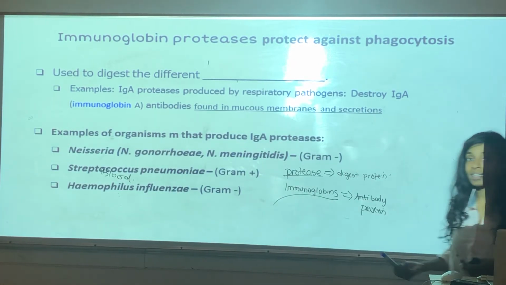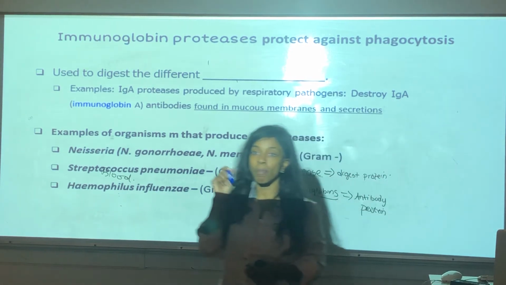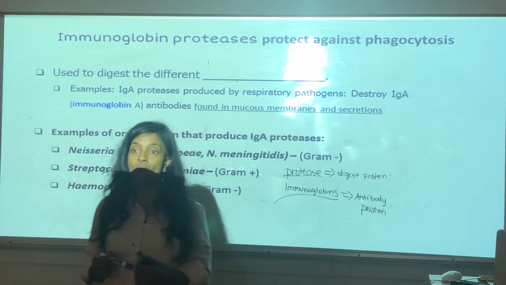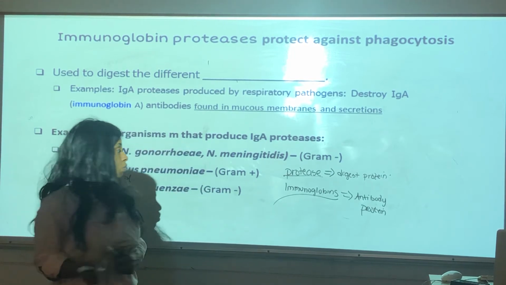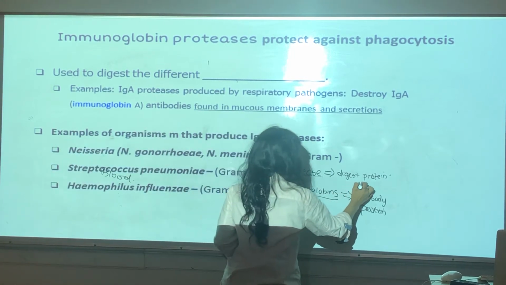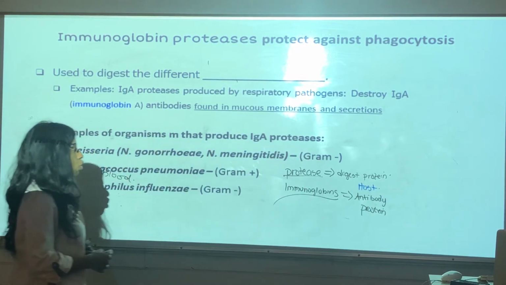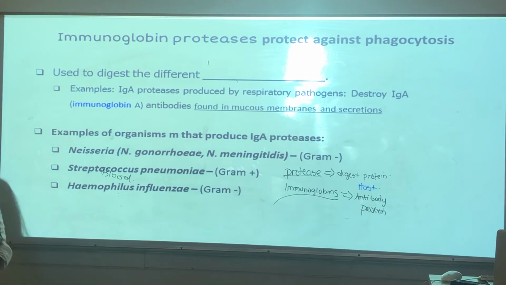And who's making the antibodies? Would it be the pathogen, the foreign invader, or your host? Well, these are host proteins. So these organisms are going to be digesting host proteins, and these antibodies are there to protect us. They work with our immune system. This is part of our immune system.